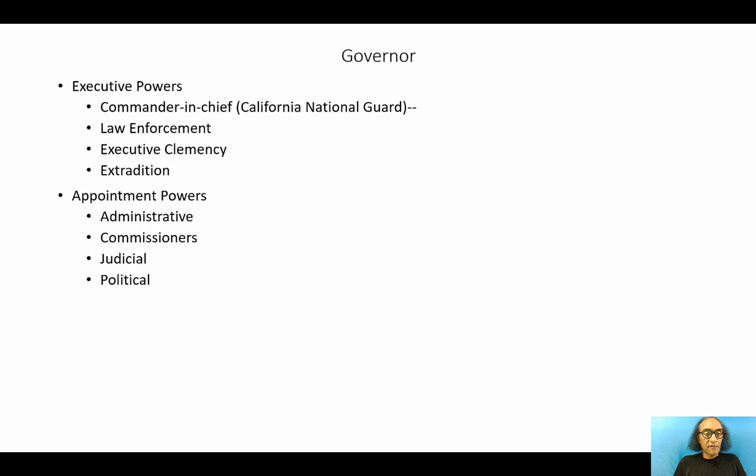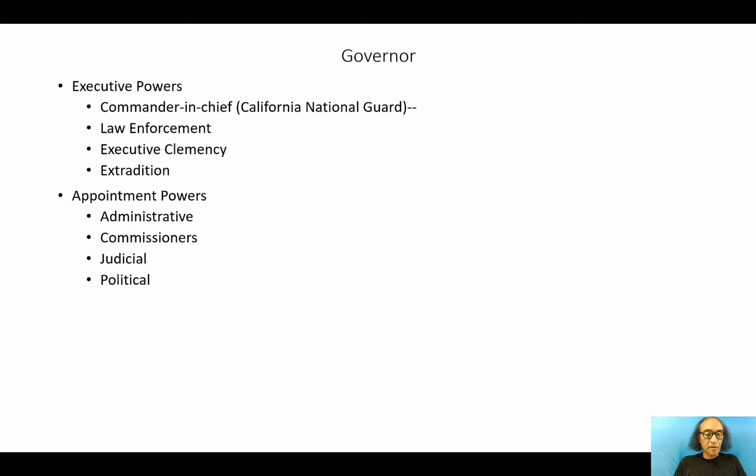As the chief executive officer, of course, he's in charge of all law enforcement, meaning that just like the U.S. president is ultimately responsible for the enforcement of laws passed by Congress, so is the governor for laws passed by the state legislature. He exercises the power of executive clemency, similar to the presidential power of pardon, but not as unqualified or extensive, but we'll also take a look at that subsequently.